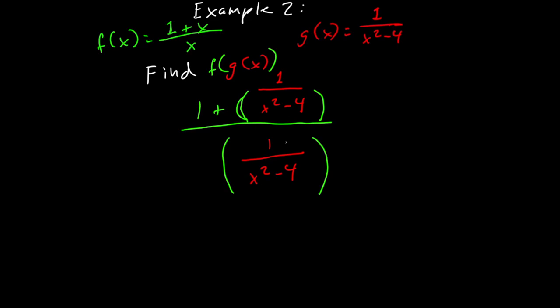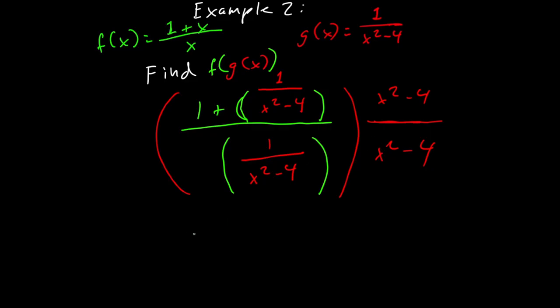And here we can see that we can actually multiply the numerator and denominator by x squared minus 4. So you multiply the whole thing by x squared minus 4 over x squared minus 4, and this is basically the same thing as multiplying by 1, so we're not really changing the equation at all.